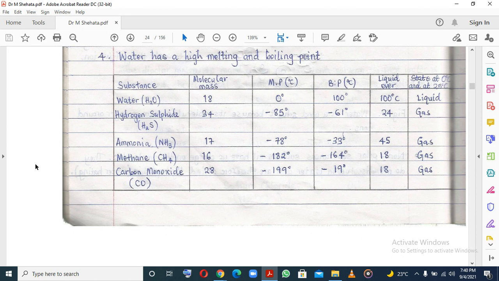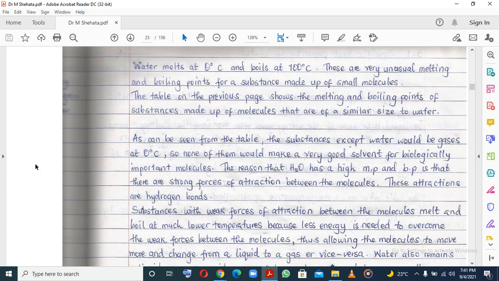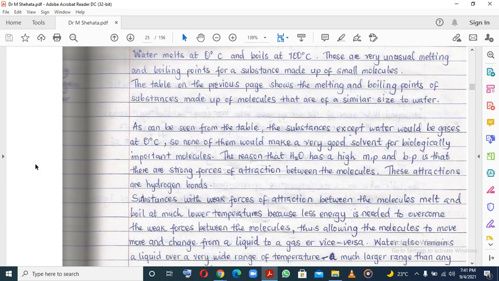But water is not just a positive but a very, very large positive, which is 100 degrees Celsius. And then you look at the temperature range in which it is a liquid, and you get to appreciate that water really is a very interesting and amazing substance.